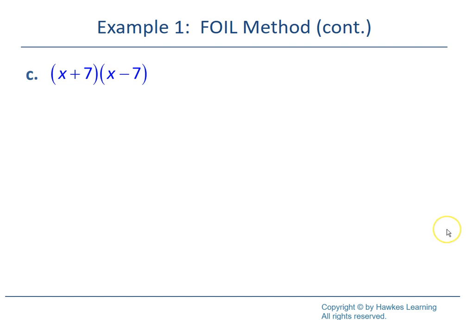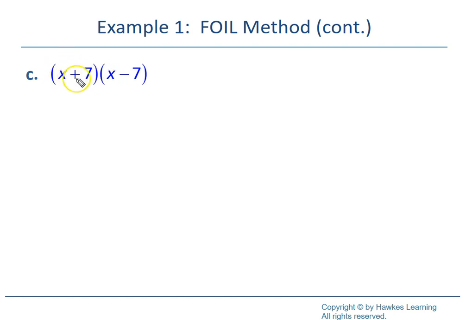Now, another special kind of FOIL is this. Just study this for a moment. Here we have an x plus 7. Here we have an x minus 7. So these are the same terms, but just different signs. So we often describe this as the product, because you're multiplying, of the sum and difference of the same terms.